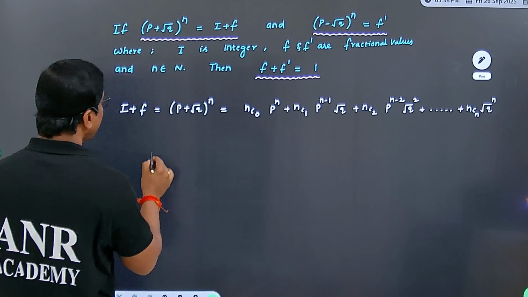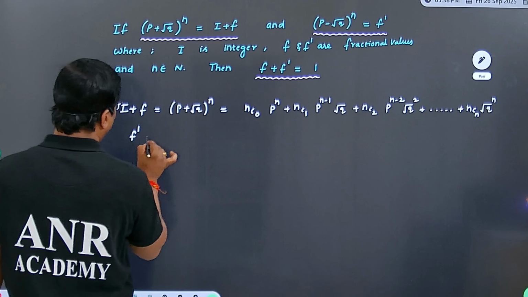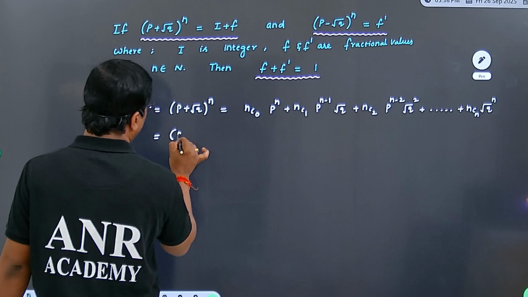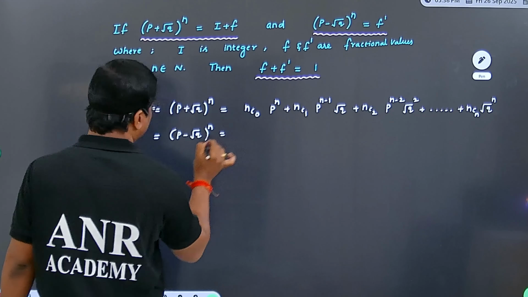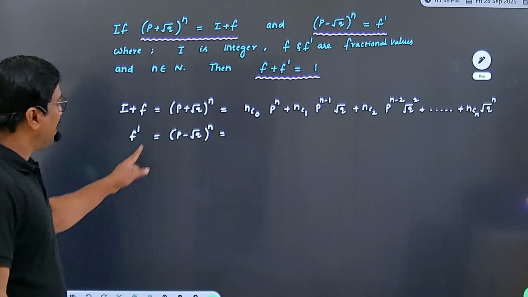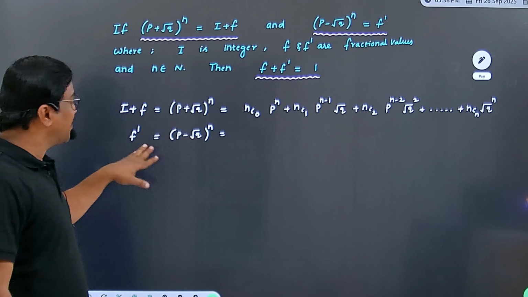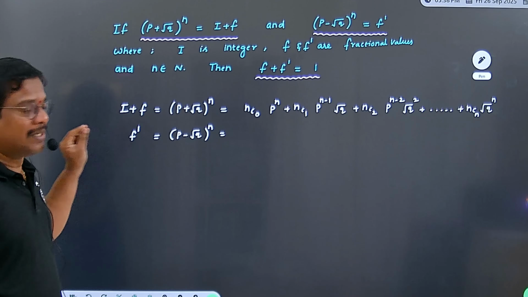Next, f dash is given as (p minus root q) whole power n, if we take only the fractional part.